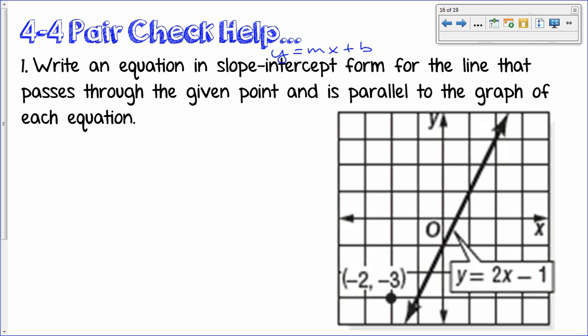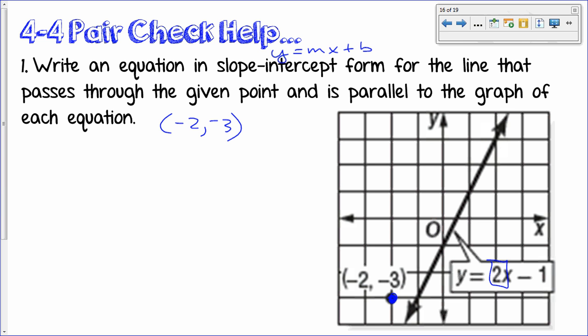Okay, that's the given point. What's the given point? Yeah, it's right here, right? This one here. -2, -3. What's the slope of the line that's already graphed? 2, isn't it?